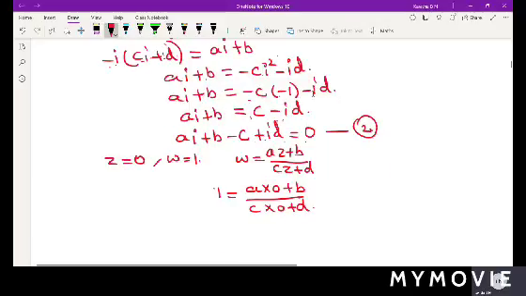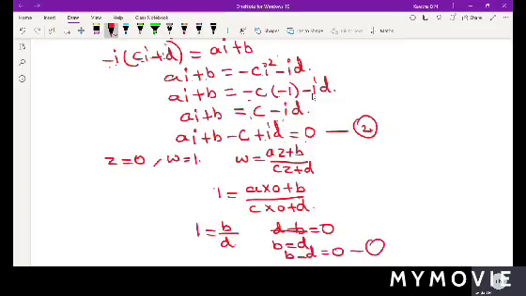Then we get 1 is equal to b by d, so d minus b is equal to 0. It means b is equal to d, then b minus d is equal to 0. Call it equation number 3.